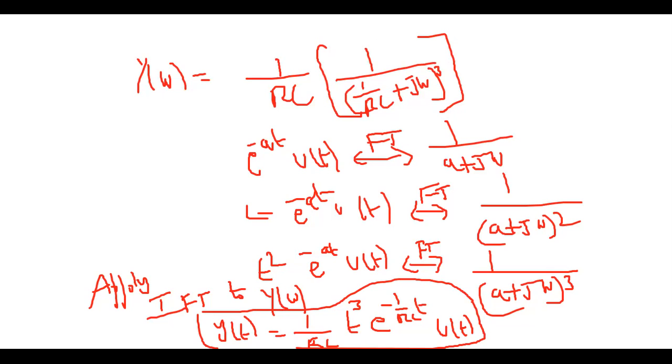Okay, my dear students, see here. Given x of t, t into e power minus t by RC into mu of t, and impulse response h of t is 1 by RC into e power minus t by RC, we apply the Fourier transformation of the two functions.